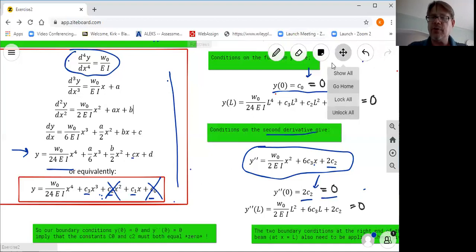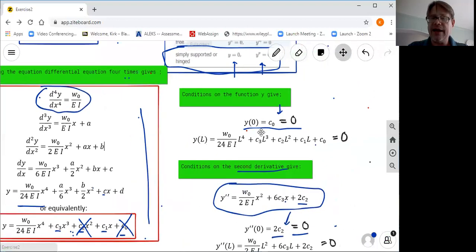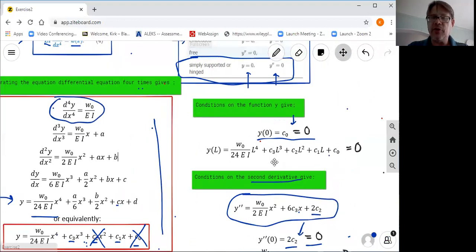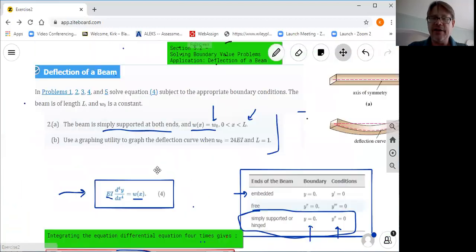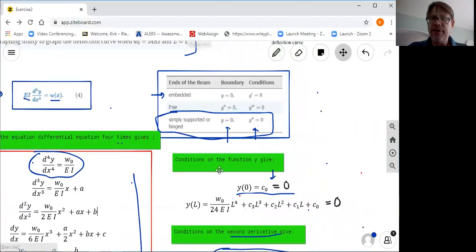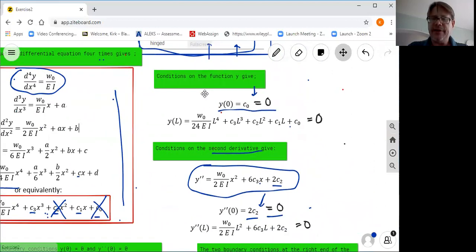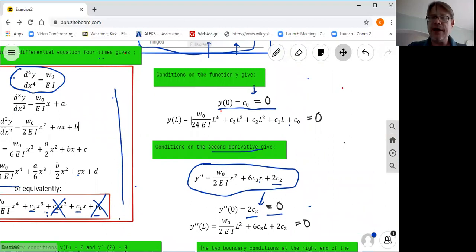So let's look at our conditions and what those give to us. Remember that not only did we have conditions at the left endpoint, we also had conditions at the right endpoint. Not only did we have simple support at the left end, we had simple support at both ends, meaning also at x equal to L. So what does that tell me? Well, the function's value at L has to be equal to 0 at the right endpoint.